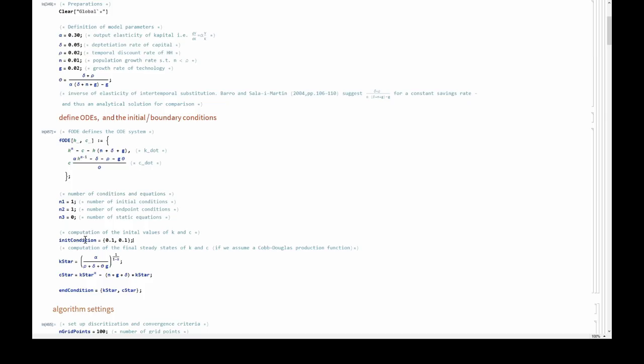So you have some initial condition and you have the endpoint condition, which we can solve for, again exactly as you saw it in the videos. So your K star and C star are then put all together in one vector as the endpoint condition.